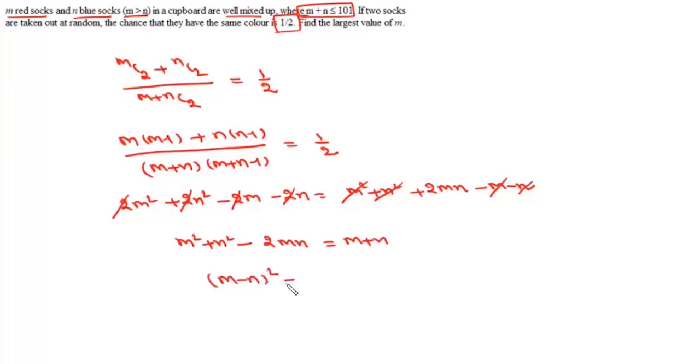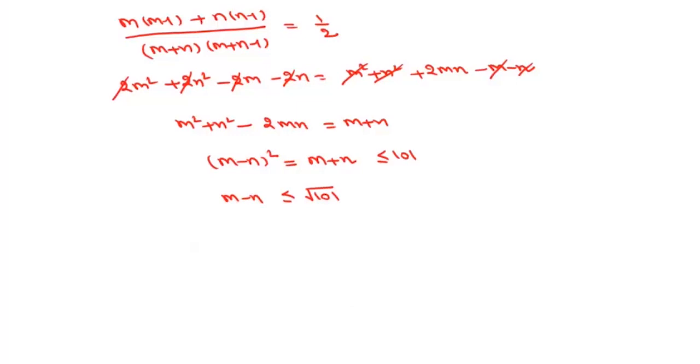or m minus n whole square will be equal to m plus n. Now this m plus n is less than or equal to 101. We can write m minus n is less than or equal to under root of 101. Now we have two conditions. m minus n is less than or equal to under root 101, and m plus n is less than or equal to 101.